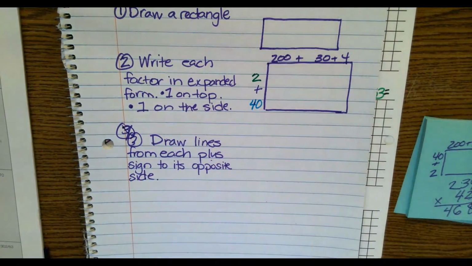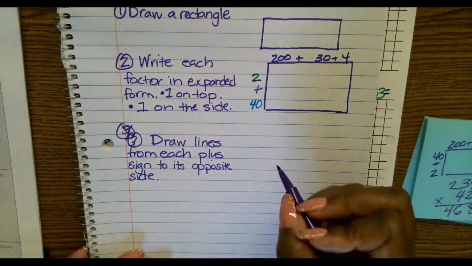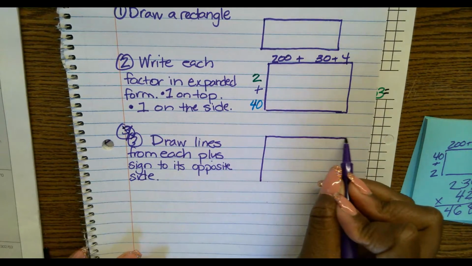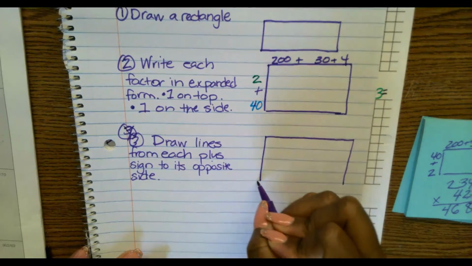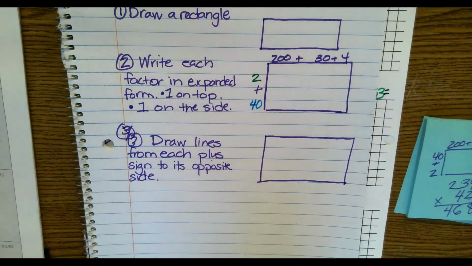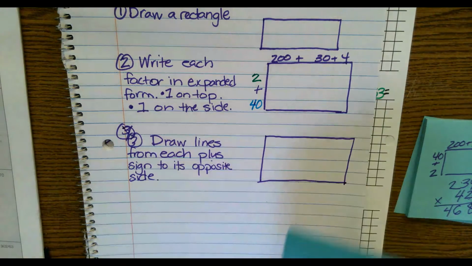So this is important because one mistake I see a lot of students make is that they'll set this up, they'll draw the rectangle, and then they'll just start drawing lines. And they end up with something that could look like this.